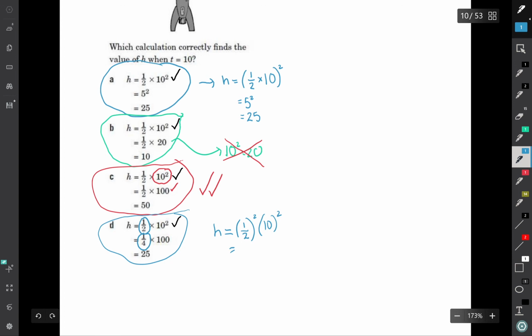So what they did is this times 100, and that's not correct either. So again, that leaves us that answer C is the only one that was done correctly, right? And we know that because they followed the order of operations correctly.